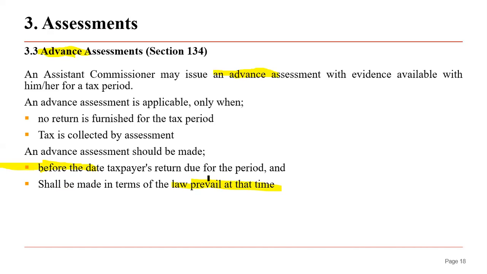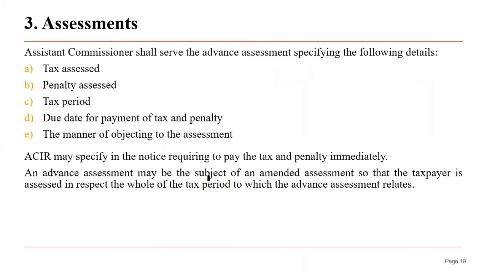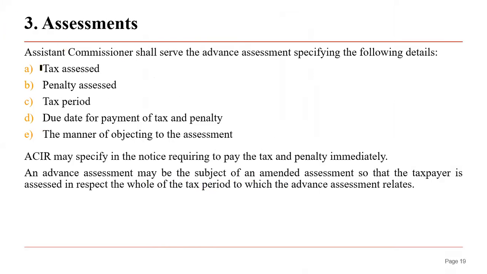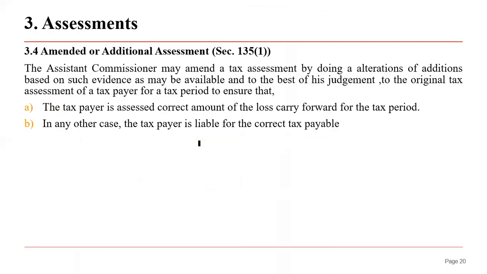If there are any amendments, they need to apply the rate accordingly. If they are doing manufacturing at 18%, whatever rate is newly introduced, those things also need to be considered. The same for the default assessment and advance assessment: the assistant commissioner needs to include these things when issuing the assessment.